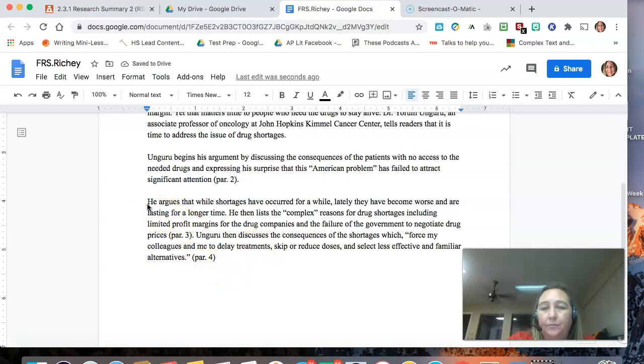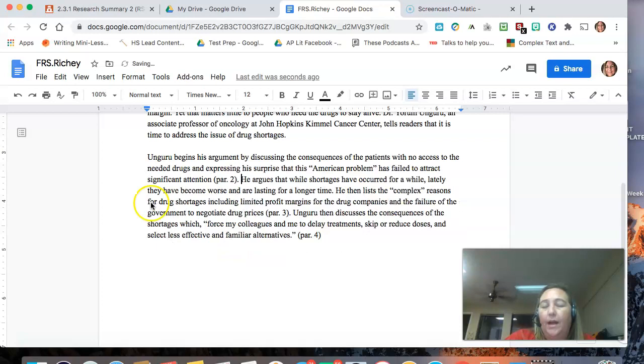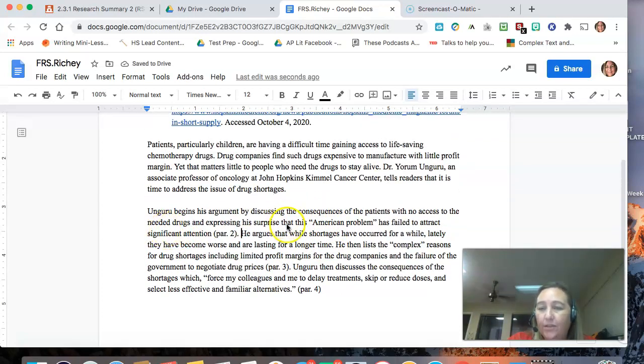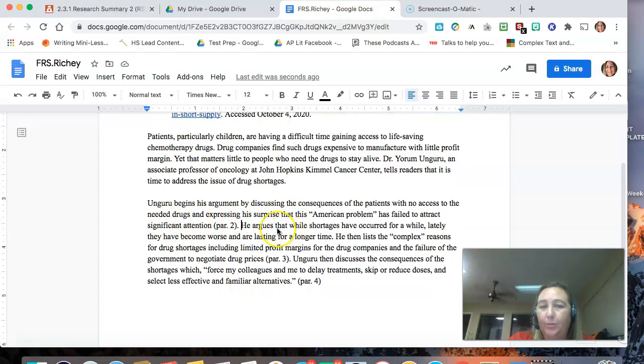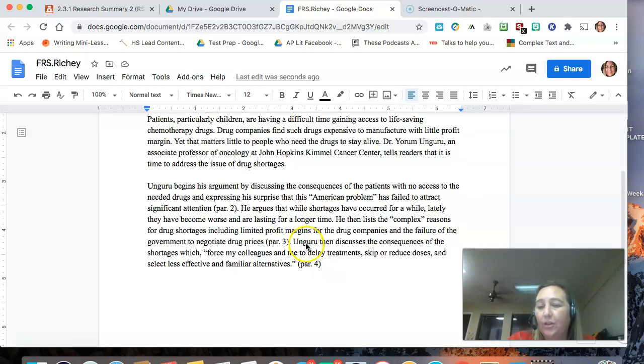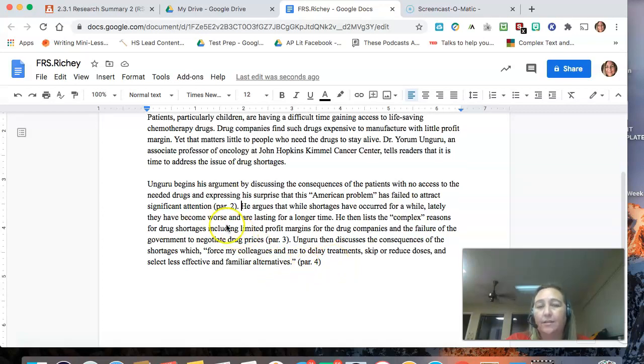So when I put all of this together, I have a good sense of what he's doing, how he's laying out his argument. He begins his argument, then he moves into the actual support for that argument, including the consequences of the decisions by drug manufacturers not to manufacture these drugs.